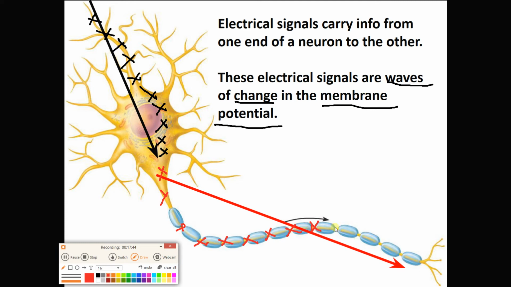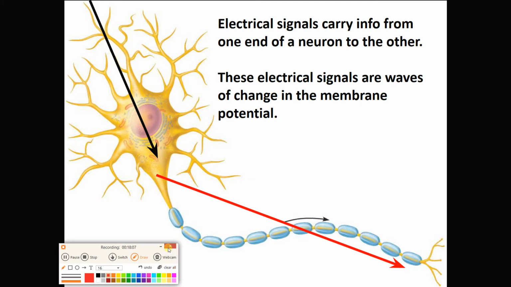And yes, I'm going to draw these X's all the way because I figured why not? It's too much fun not to. And when we get to the end, what does that axon terminal do? What does it release? Neurotransmitters, which can then signal another neuron or a muscle cell. Now, as this picture depicts, as I mentioned earlier, it is actually a different kind of signal in the dendrites and soma versus the axon.